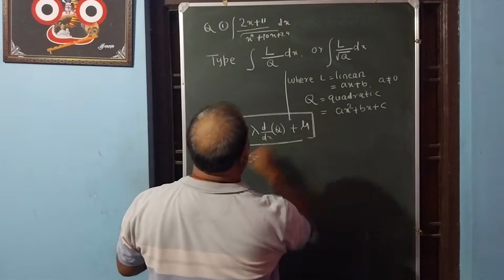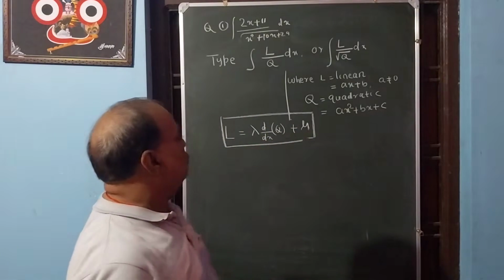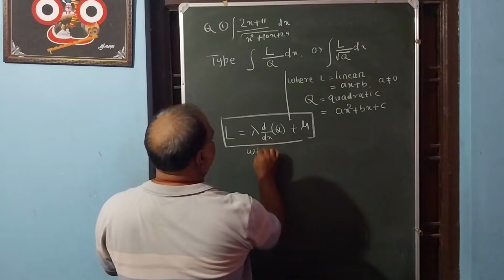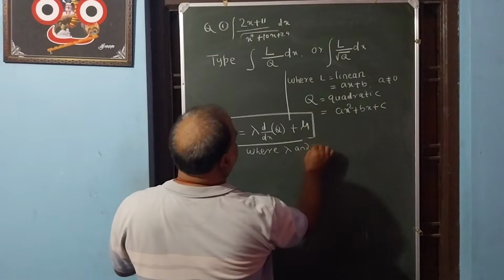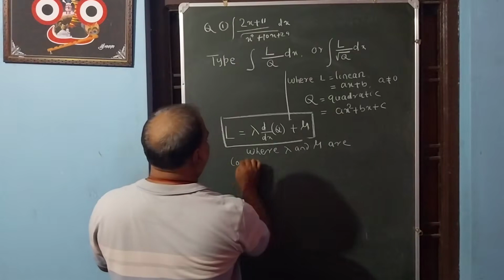L is equal to lambda d dx of quadratic plus mu, where lambda and mu are constants.